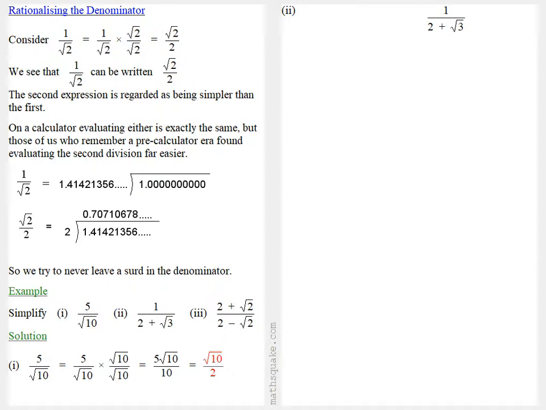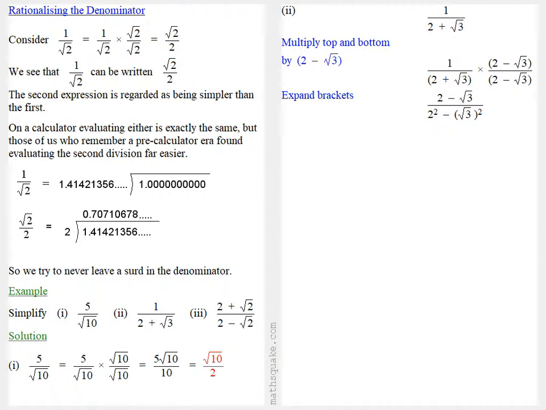In the second example, we have 1 over 2 plus root 3. Now, if we multiply the top and bottom by 2 minus root 3, we can use the property of the difference of two squares. So on the top we have 1 times 2 minus root 3, which gives us 2 minus root 3.